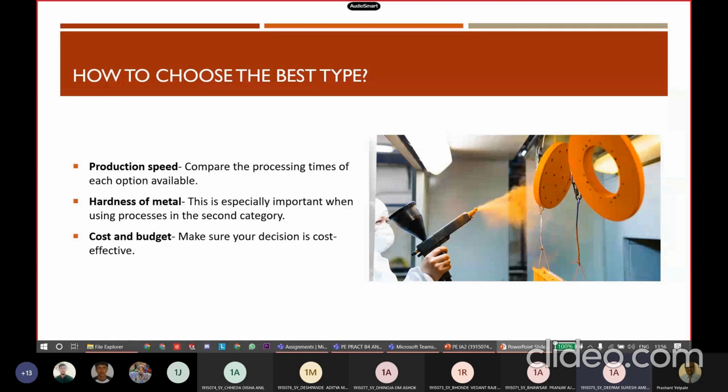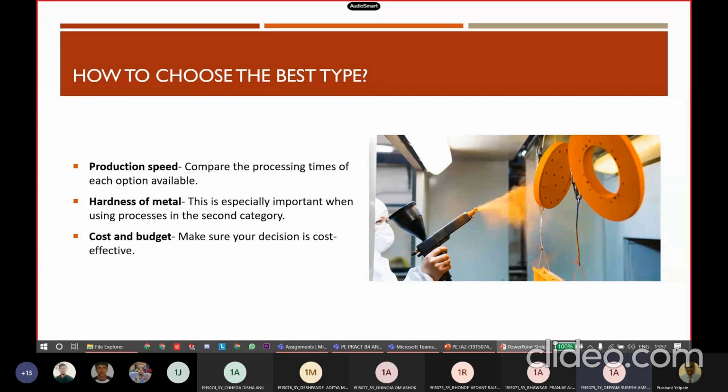For a small part, say a clamp, you need not go for powder coating or electroplating and waste your time. Instead, you can just grind it using a grinding wheel and get the desired finish. So you have to keep in mind which process will help you faster and in a more efficient way.